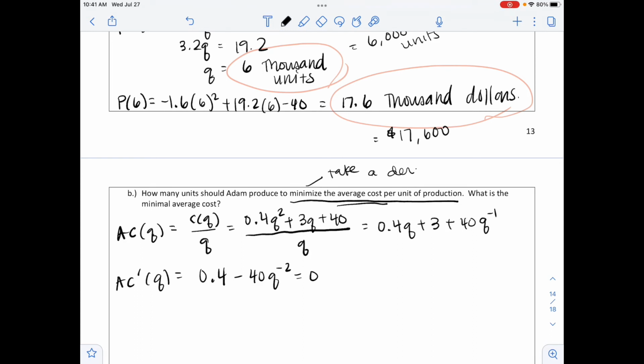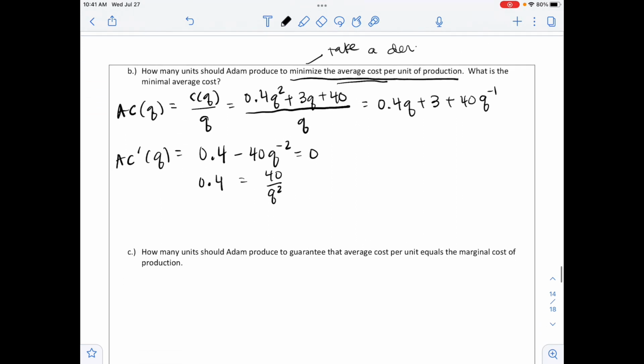Solving this, we get 0.4 equals 40 over Q squared. I'm going to go ahead and rewrite that again, it makes it easier for me to solve. Multiplying both sides by Q squared, we arrive at 0.4 Q squared equals 40. And then dividing both sides by 0.4, we get Q squared equals 100.